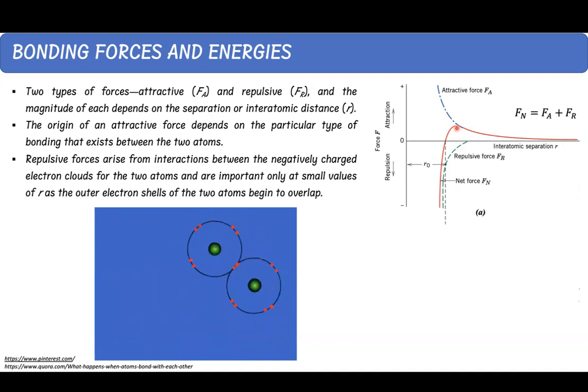In that case, the net force, which is the summation of the repulsive force and the attractive force, will decrease because of the influence of the repulsive force, and at some point the attractive force and repulsive force cancel each other. That is what we call zero net force. And that distance we call the equilibrium distance, because the attractive and repulsive forces cancel each other.